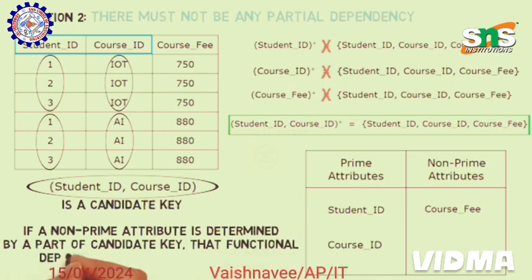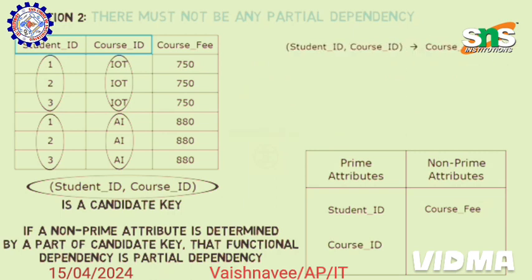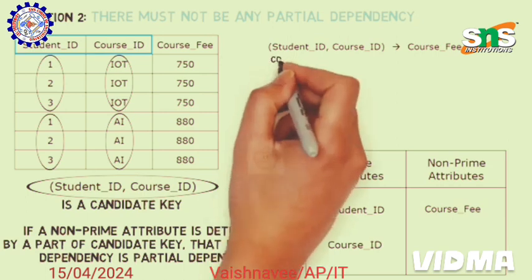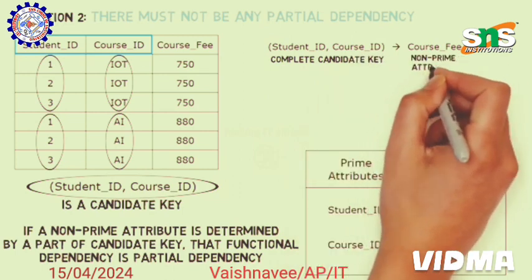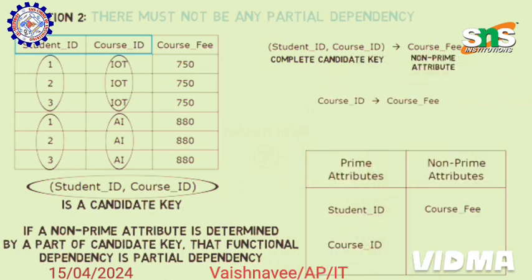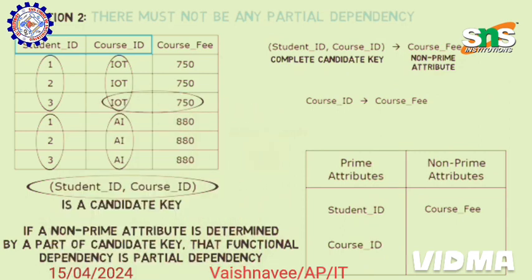Let us check: student ID and course ID determine course fee. This is one of the functional dependencies. In this case, the complete candidate key determines a non-prime attribute. Other than that, if you see, by using course ID we can uniquely identify course fee. So this can also be a functional dependency.